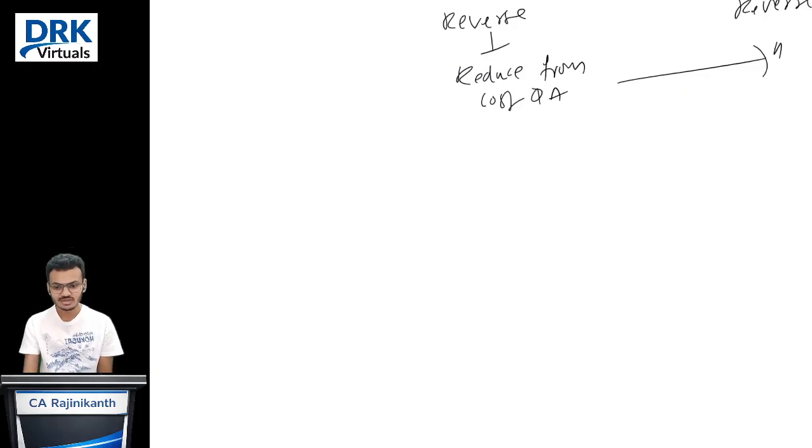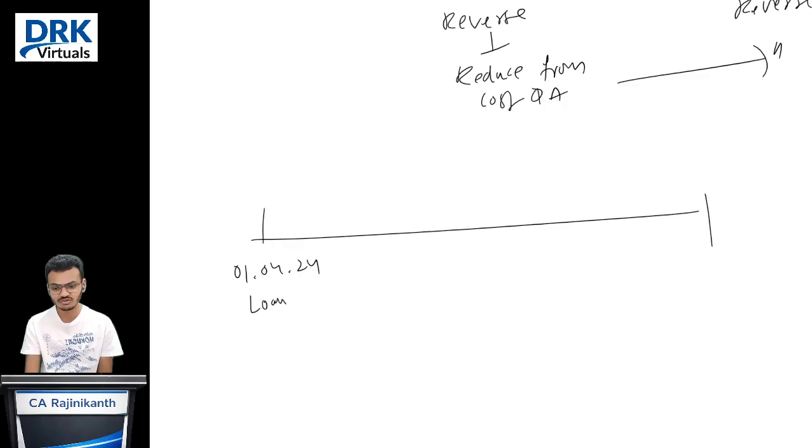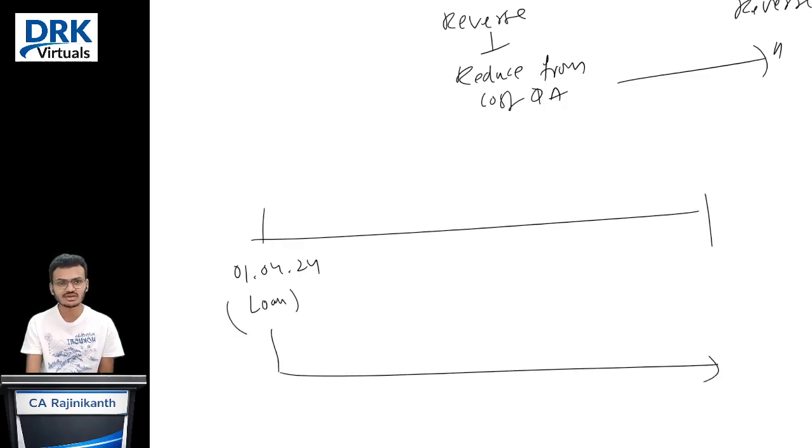For suppose this is the 1st April 2024, we have taken a loan. It means what? From this date, we are incurring interest cost. And 1st June, we started incurring cost on the qualifying asset. And 1st August, we started activities.